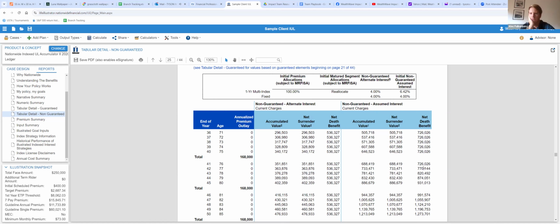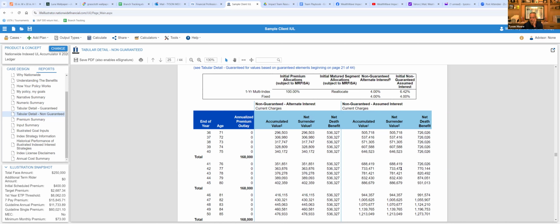Corridor. Good answer. Kind of two interchangeable words. That gap would be called the corridor, and that amount of insurance could be called the base net amount at risk, or the amount of insurance that you're actually purchasing, or that the price is based off of.